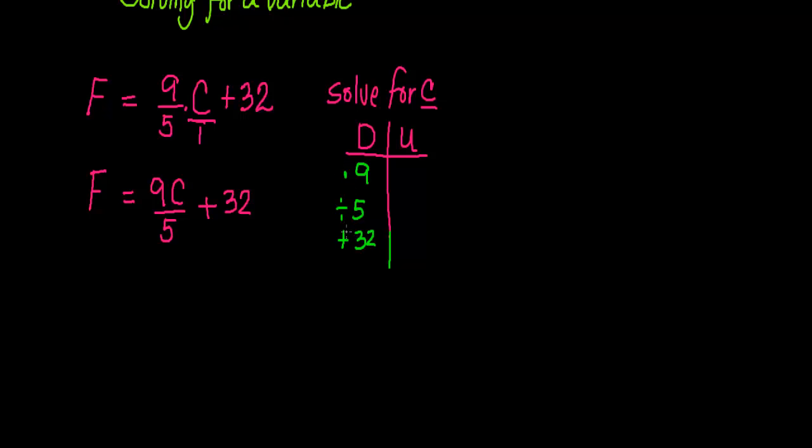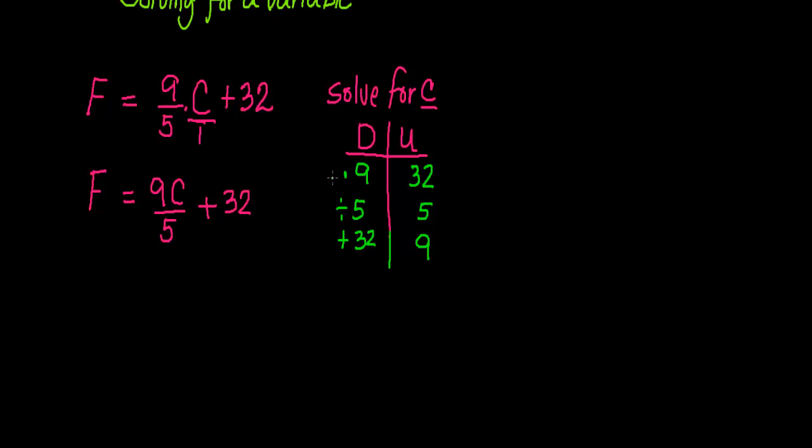Now we're going to write these steps in reverse order. So if 32 is the last thing that we did to the variable, that's going to be the first thing we're going to do. And then dividing by 5 was the second to last, so that's going to remain as my second step. And the first thing we had done to the variable was multiply by 9, so that's the last thing we're going to work with.